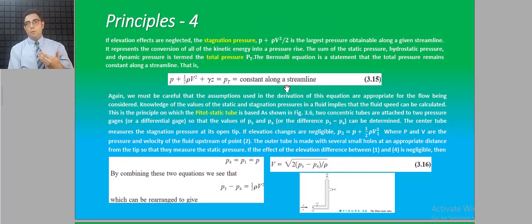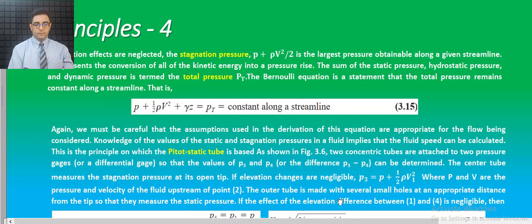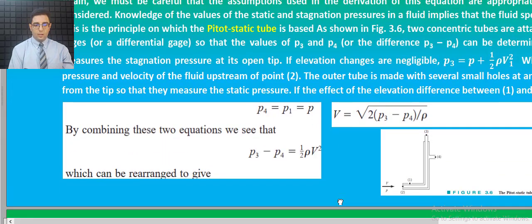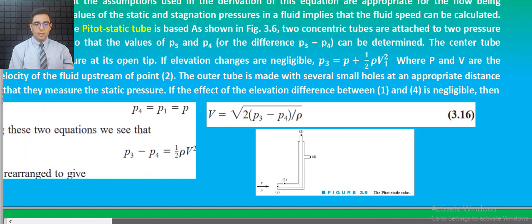One of the most appropriate methods by which we can derive the equations between 2 points in a flow line is the knowledge of P2 static, which is based on the values of static as well as the stagnation pressures calculated from the fluid speed. As you see in this picture, we have the P dot here.